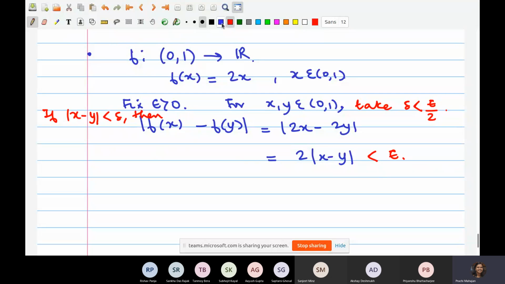So please note that, much in contrast to the previous example, over here the delta depends only on epsilon. The same delta works no matter where I am on the interval 0, 1. So hence the function f is uniformly continuous in this example.